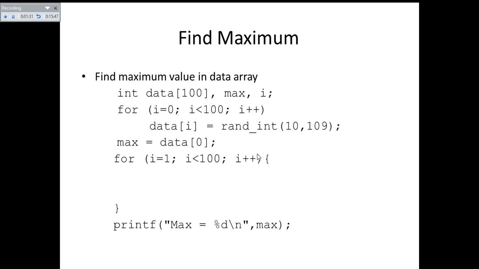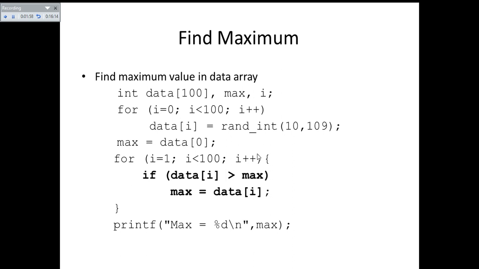Then, using the for loop concept, you implement the logic to find the maximum value inside the one-dimensional array. The logic is that we compare the individual elements of your data array with max, which we initialized by default to data of 0. You are comparing data of i with max.